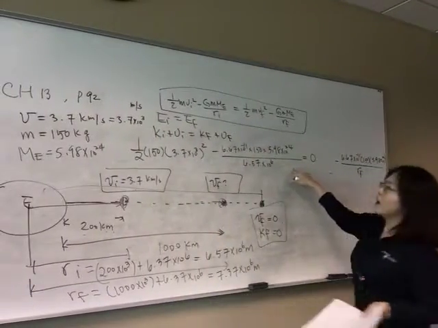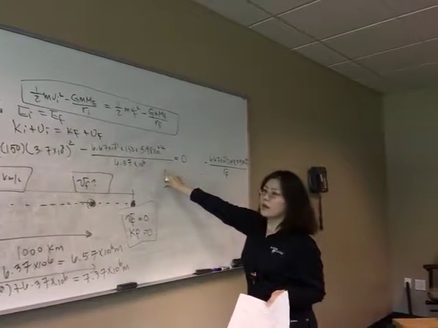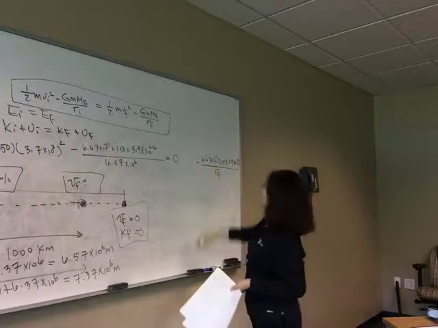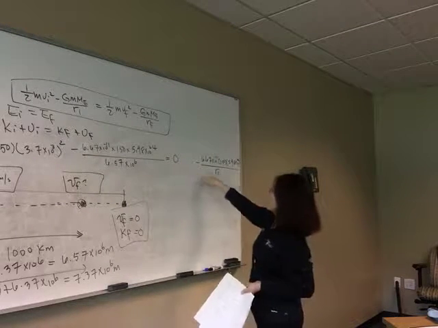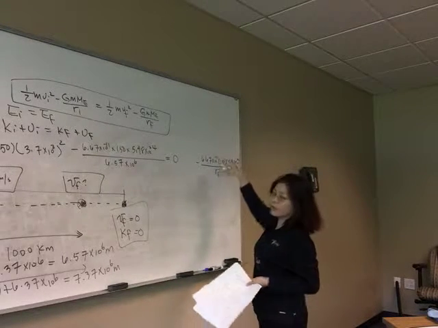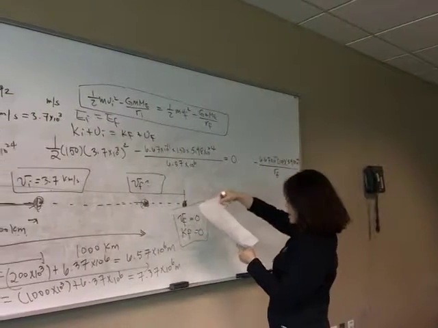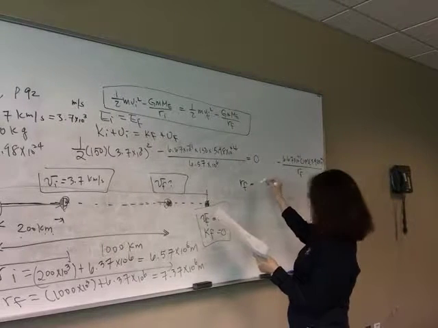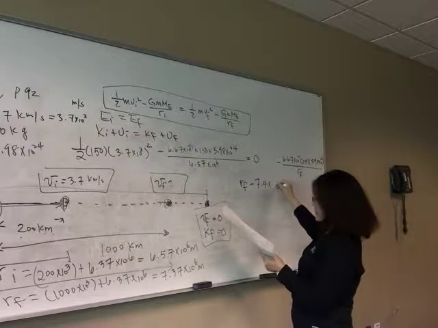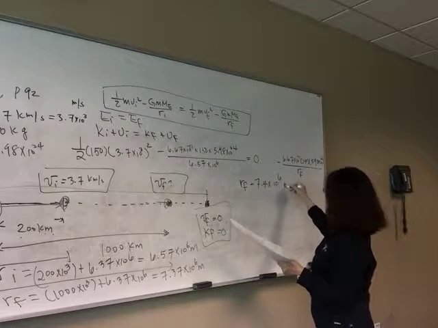On the left-hand side, that's your starting energy, so it will not change. On the right-hand side, the rocket loses all its kinetic energy, so everything has to be in terms of potential energy. So after you do the calculations, your RF is equal to 7.4 times 10 to the 6 meters.